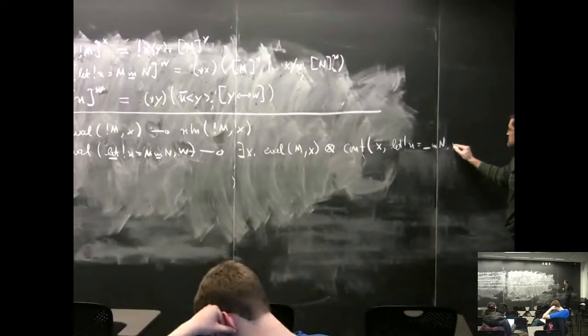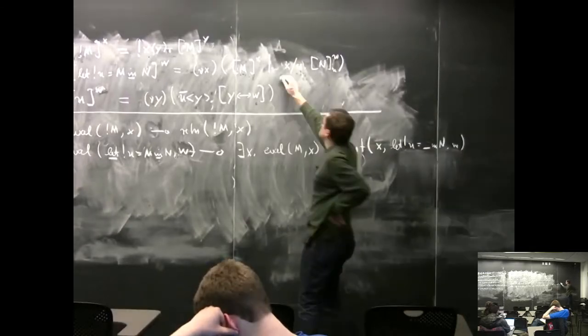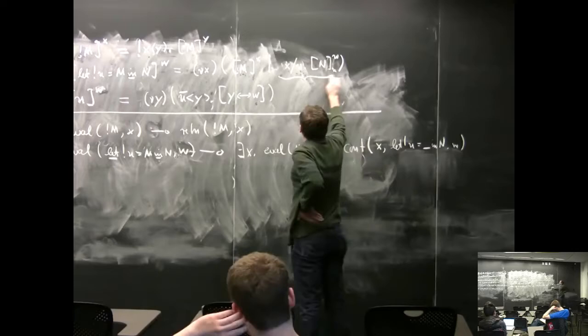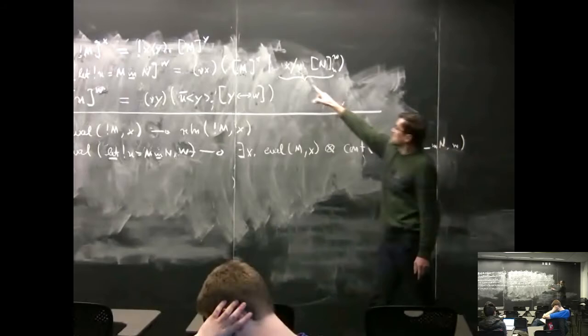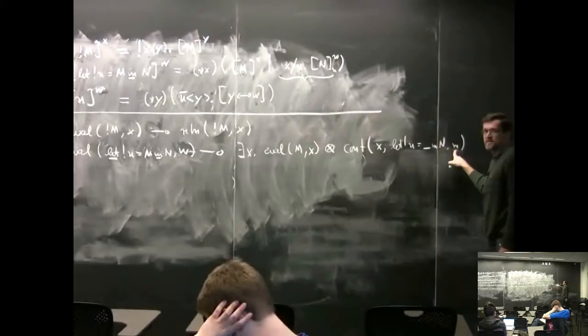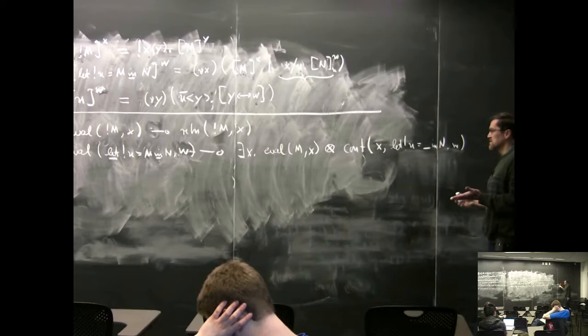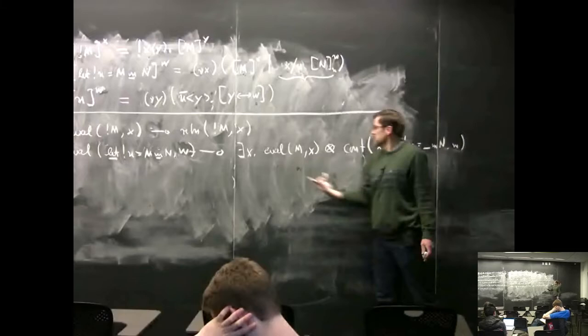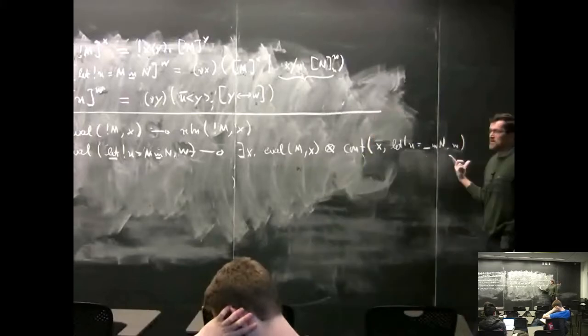And where is it supposed to put its answer? W. So all of this stuff here is just going to be wrapped up in this continuation. The only free variable it has is x, and of course w, at which it puts the answer.